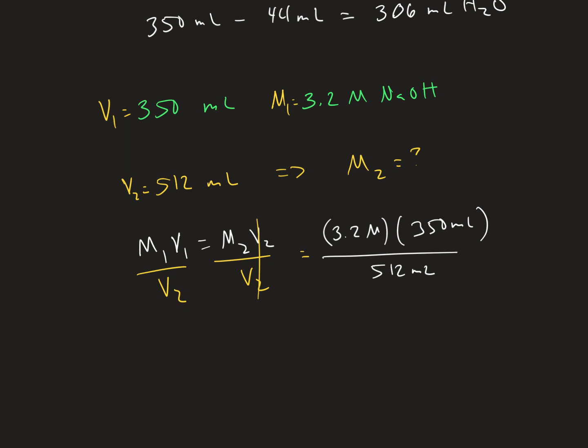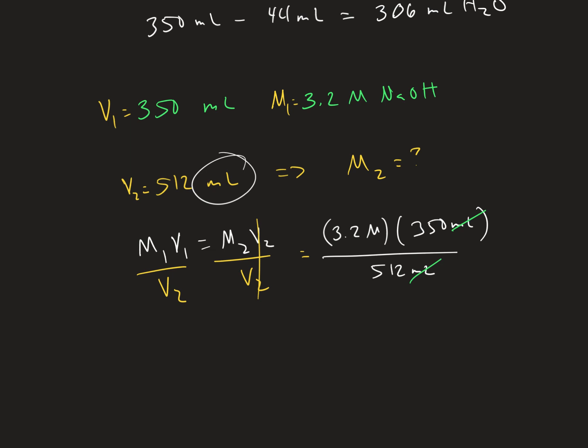What if it was measured in liters? Can we still do it? Yeah. Then we better do what first? Convert it to milliliters or convert milliliters to liters, either one, right? That way they cancel out, because we don't want milliliters in our answer, we want moles over liters.